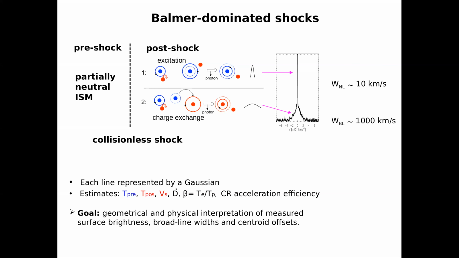These lines also give information about the level of equilibration between electrons and protons. And also, if you have shocks that efficiently accelerate particles, this can change the observables, like the line widths and also the line shape.